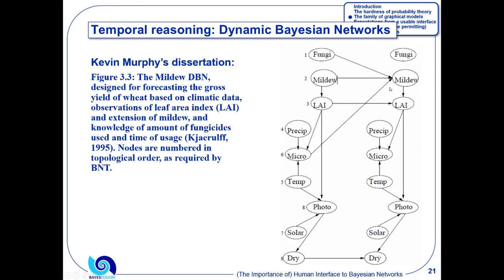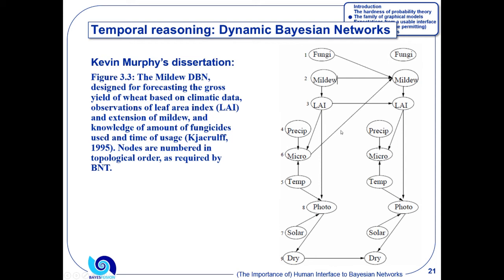Here's another place where I think the equation-based view is very handy. Here is an illustration from Kevin Murphy's dissertation on dynamic Bayesian networks. It's taken from a paper by Kierulf, and represents a model called mildew, describing a dynamic system where we have a mixture of normal influences, like from mildew to LAI, or LAI to micro, or from precipitation to micro, and then we have temporal arcs.